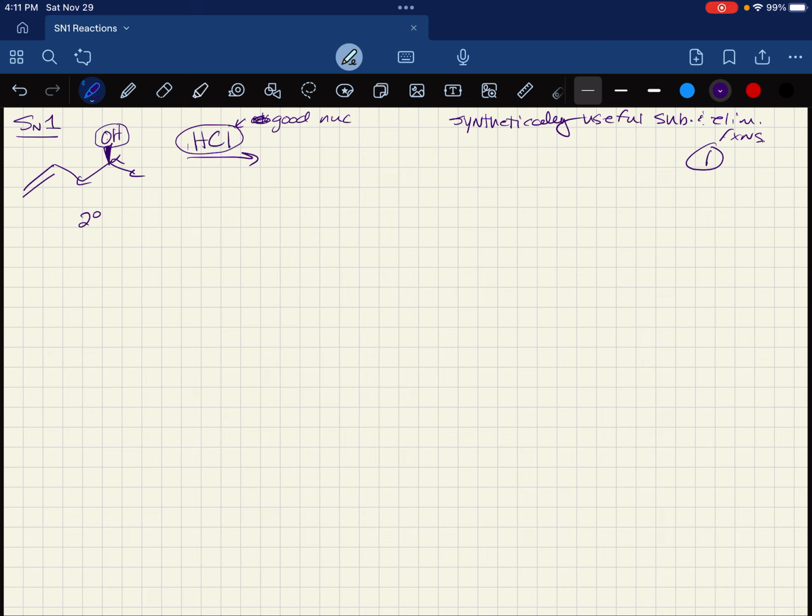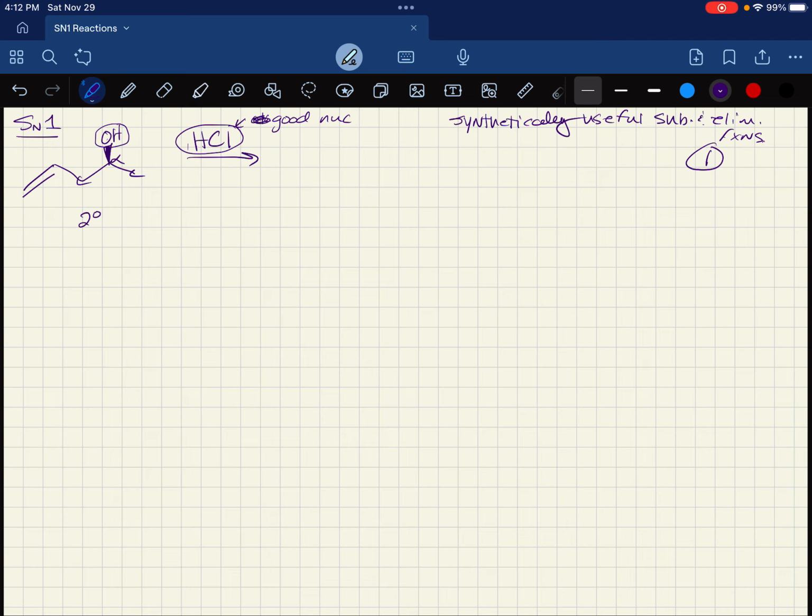So first we convert it maybe to a better leaving group, and then we do another reaction with it, which might seem like a waste of time, energy, effort, doing 2 steps instead of just 1. But depending upon exactly what we're trying to do, it might actually end up being more efficient. So again, it would depend upon the exact reaction and how each one of them works.